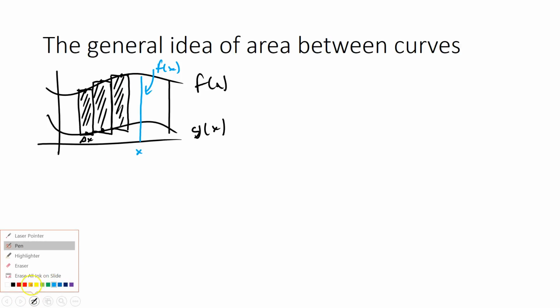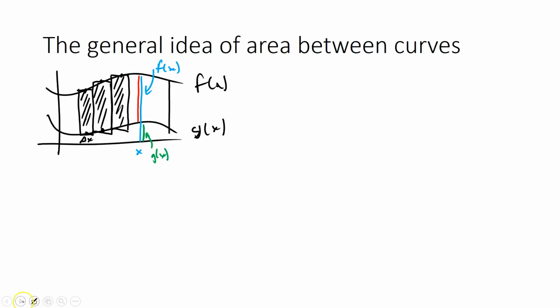So I'm actually looking for, let's make it red, this distance right here, right? So if I take the blue, what I want to take away, let's use green, is this little green guy down here. What's the green part? The green part is g of x.